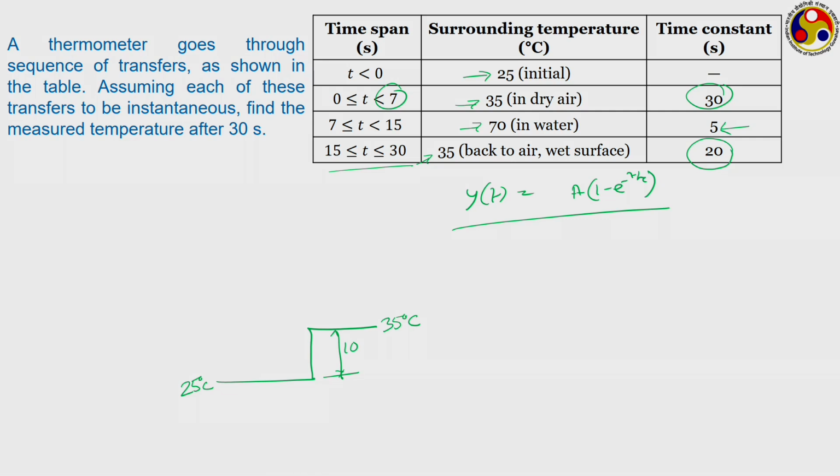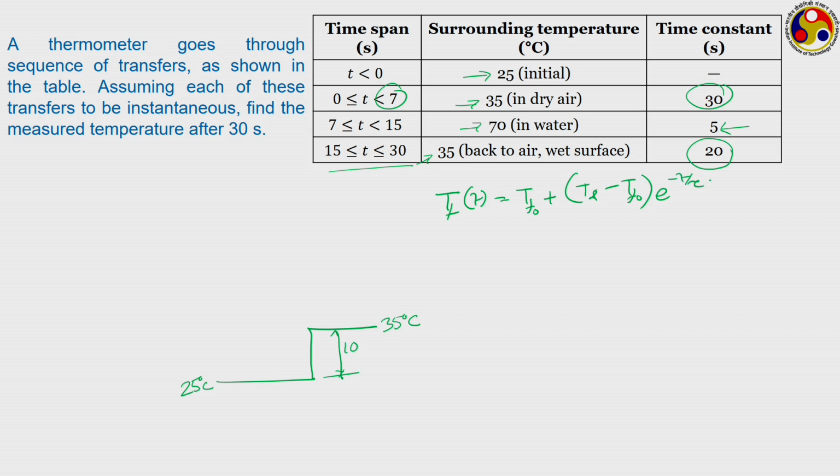So, if we take that into account, then our expression for temperature of the thermometric fluid can be written as Tf at any time t will be equal to Tf0, or let me use some other notation, Tf 0 plus T infinity minus Tf 0, which is the height of the step, into e to the power minus t upon tau.